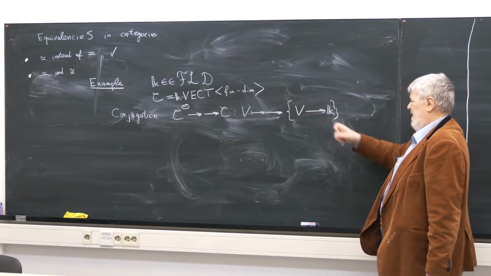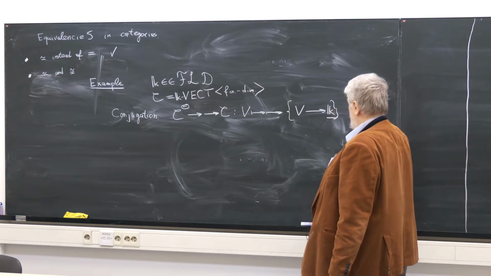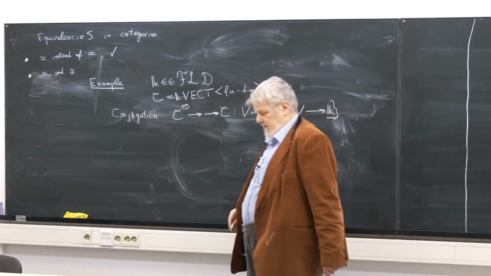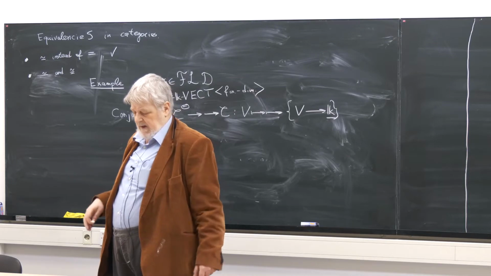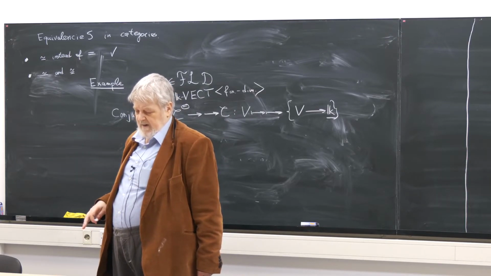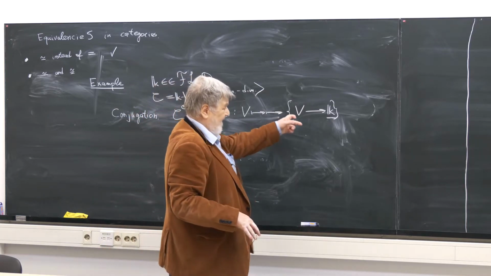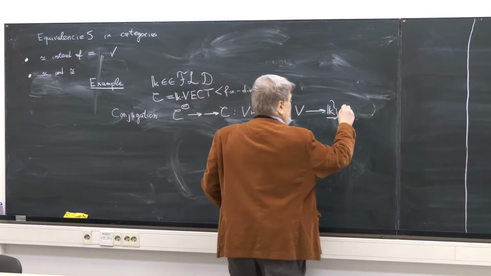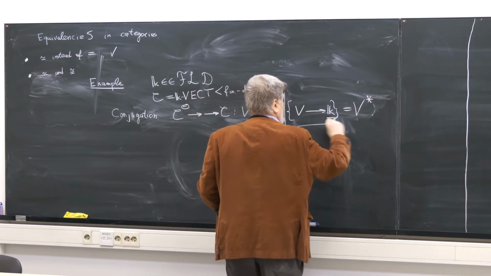This notation is not good at all. Well, let me underline it somehow and just avoid mentioning the forgetful functor. We mean here the set of linear functionals, denoted in a standard way like this.